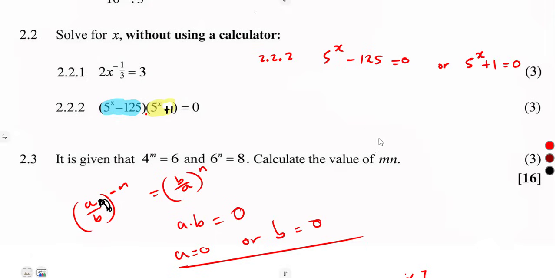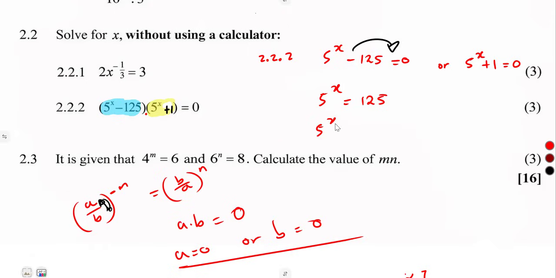So let's try to solve for x from the first one. You can take the minus 125 to the other side of the equation. 5 to the exponent of x is equal to 125. And this, we can have them in the same base and equate our exponents.